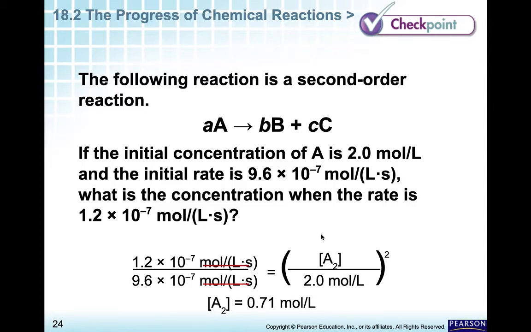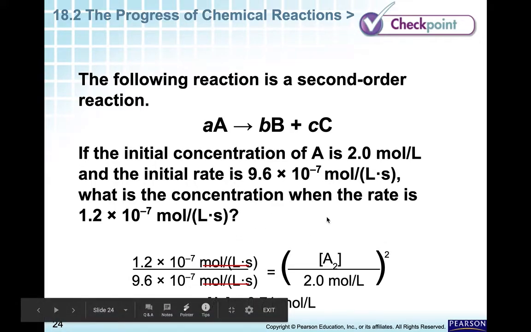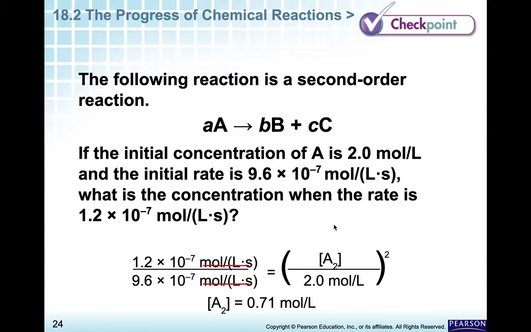And then our rate 1 is the 9.6 times 10 to the negative 7th, and that goes with our initial concentration of trial 1, which was 2. And so now we can easily solve this for the concentration of A in the second trial. We can divide these numbers over here, take the square root of both sides to get rid of the exponent, and then multiply by 2 to get the concentration of A by itself.